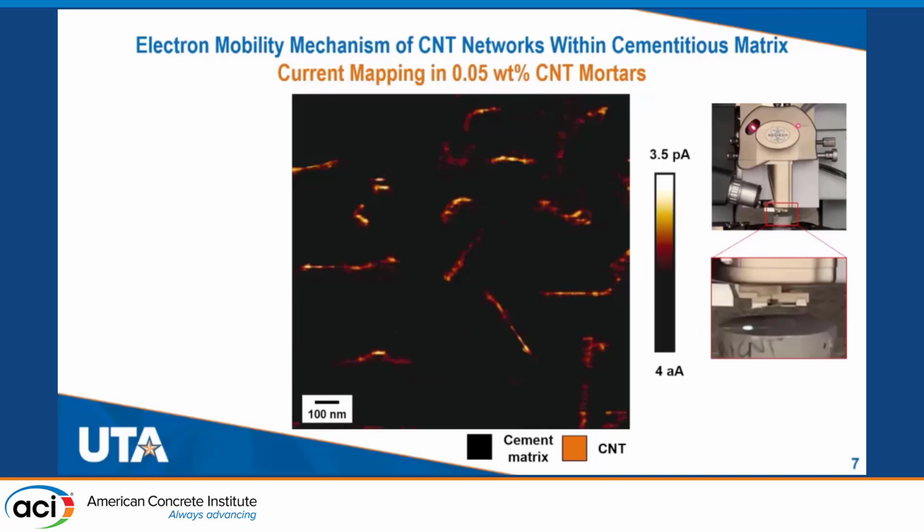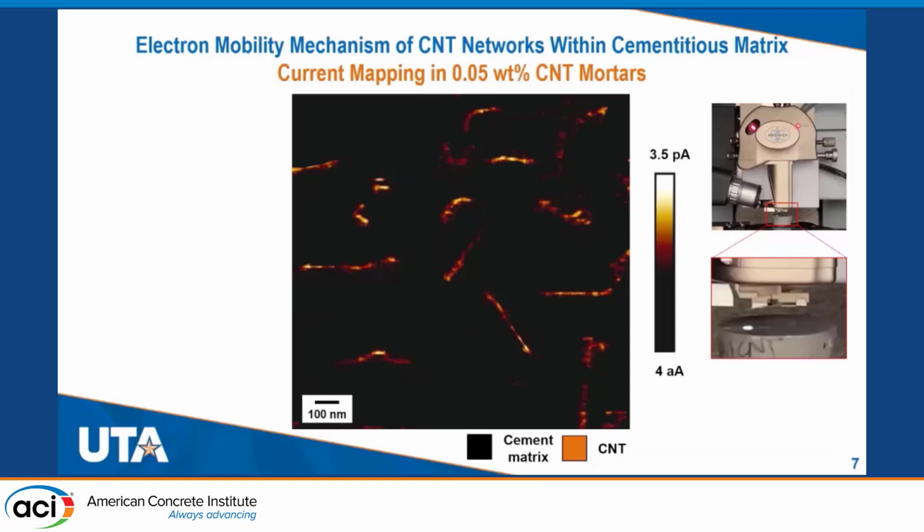Then here is the AFM image of the mortar reinforced with carbon nanotubes at a low amount of 0.05% per weight of cement. And we see the formation of some nanotubes. How can we distinguish this again?